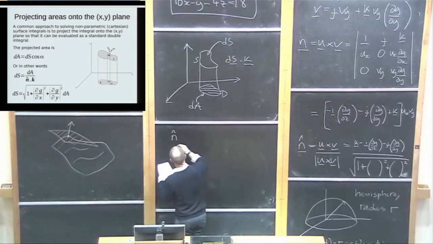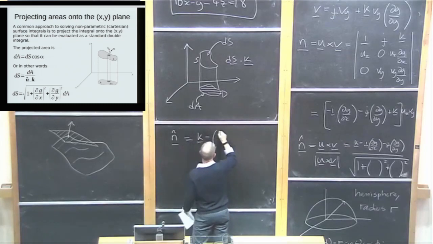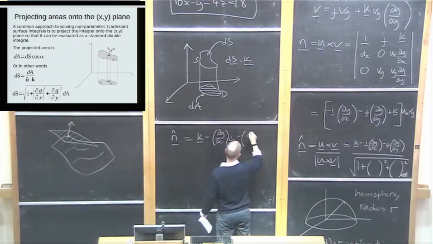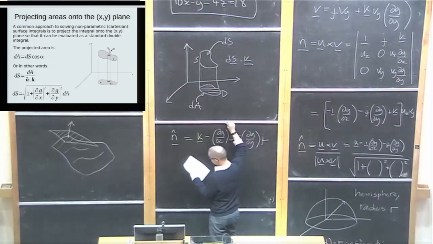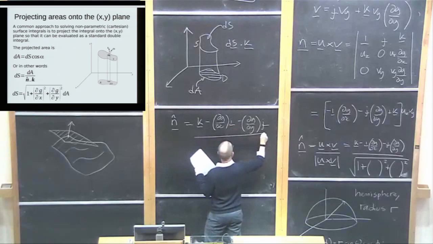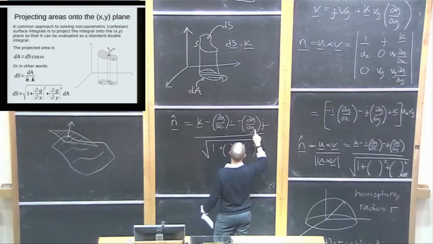So we know that our unit normal to some given surface is given by k minus dg/dx in the i direction minus dg/dy in the j direction, all divided by the square root of 1 plus that squared plus that squared.